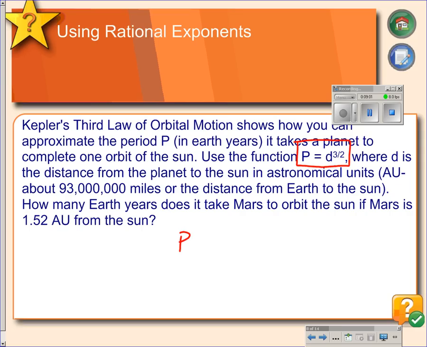We're trying to find the period for Mars, so that's going to be 1.52 to the 3/2 power. You would put this into your calculator as 1.52, raised to the 3/2, which has to go in parentheses, so parentheses 3 divided by 2, and that gives you 1.87 years.